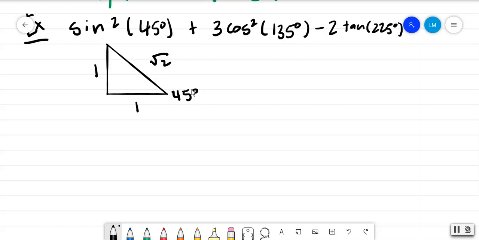I already know that the reference angle for 45 degrees is 45 degrees, but I need to find 135 and 225.